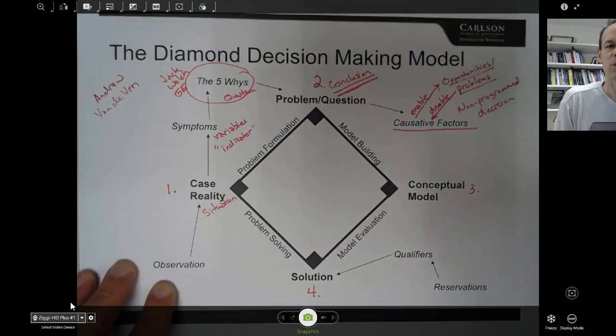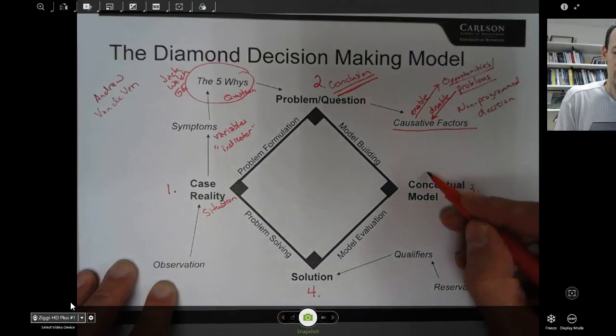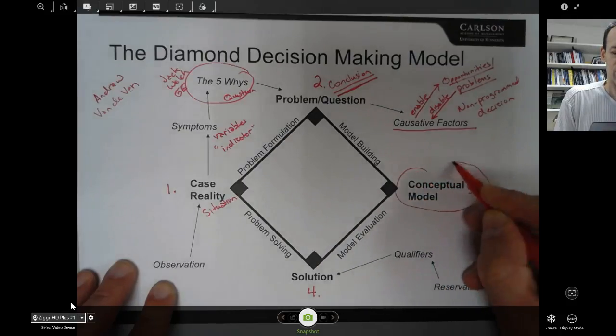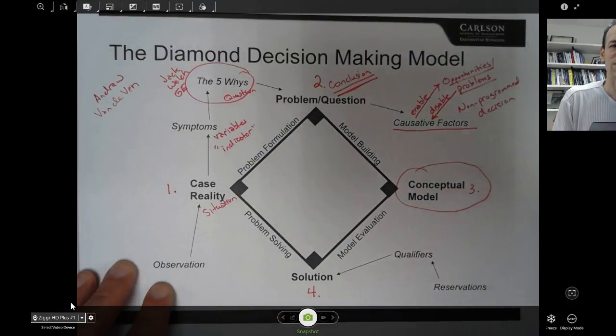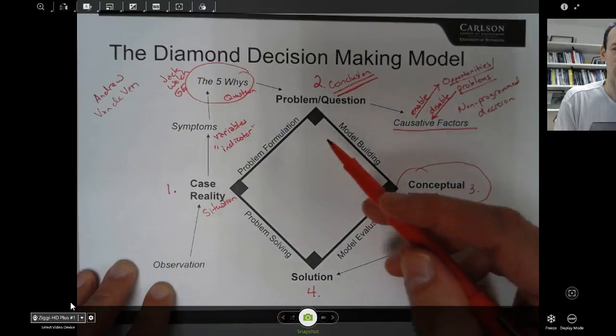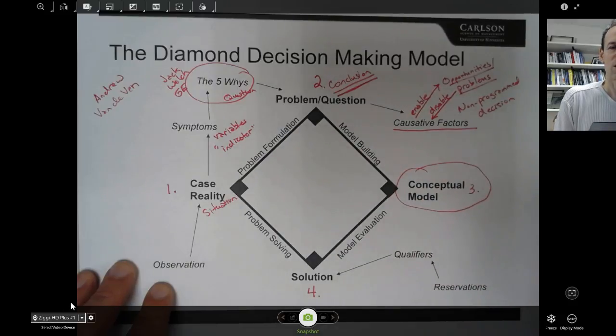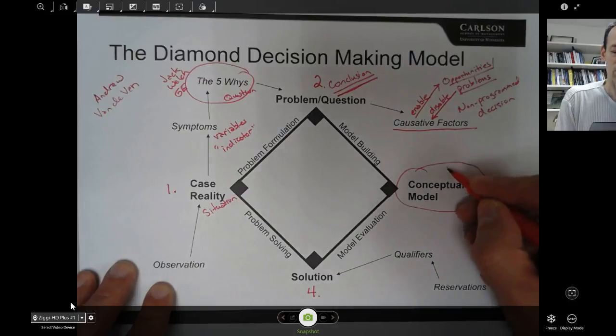But when we look at comparative models of what others have done, oftentimes those models expand our perspective with regard to what it is that we need to address. So we examine the conceptual model, and the conceptual model is not necessarily a model that dealt with the exact same situation as the problem or opportunity that we're addressing, but it could be a similar type of situation. And from that, we learn the logic of that model.